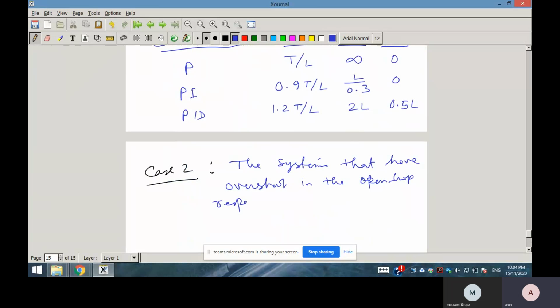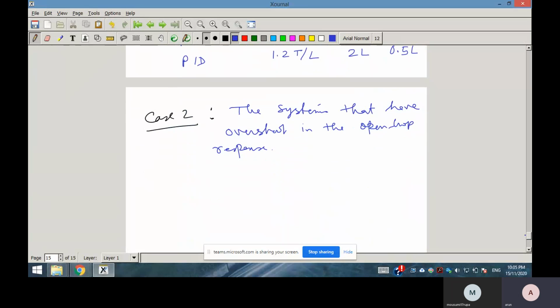So we are considering that the open loop response is stable, but one has S-shaped characteristics, that is case one. Another is that its characteristic has overshoot. So then what will you do?